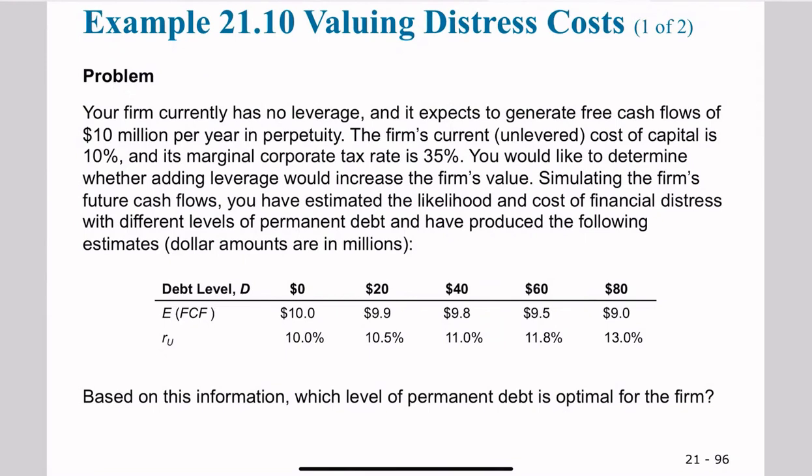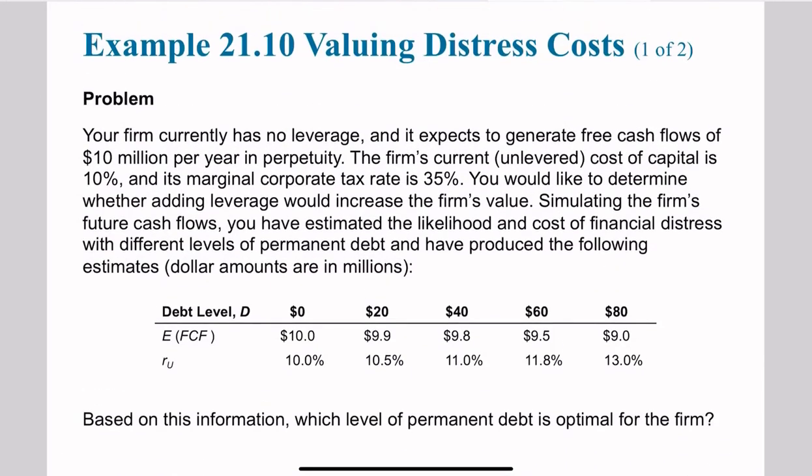So let's say your firm has no leverage and it generates free cash flows of $10 million per year in perpetuity. The firm's current cost of capital, unlevered cost of capital is 10%, and the tax rate is 35%. And you want to determine whether adding leverage will increase the firm's value.